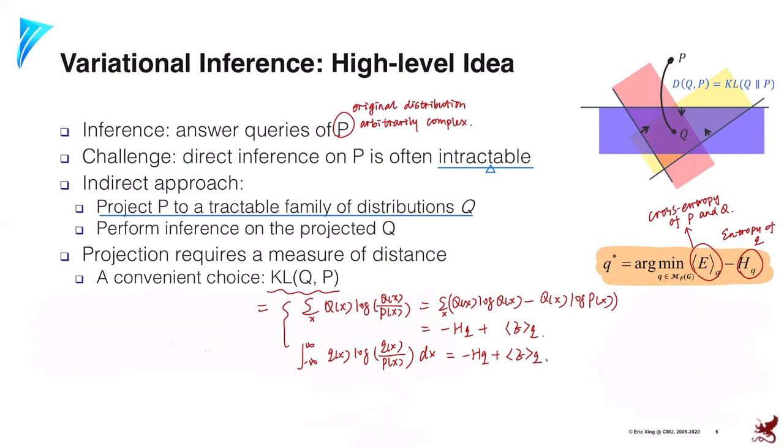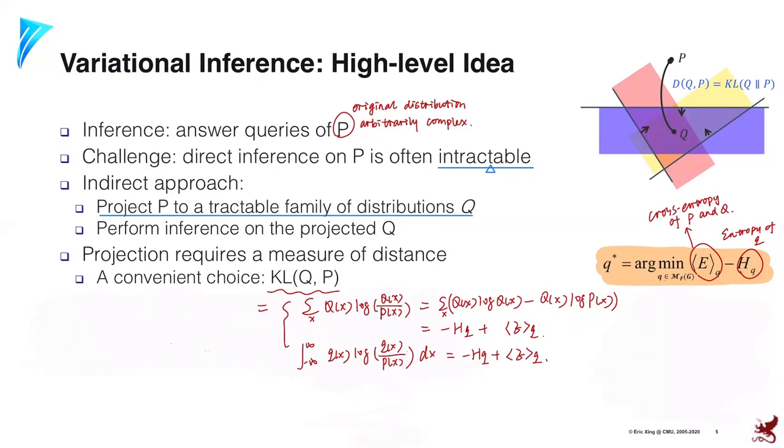This distance measurement is usually the KL divergence, which is of this form for the discrete case, and this form for the continuous case. Okay. So in the later sections, we will cover the mathematics of variational inference in more detail.